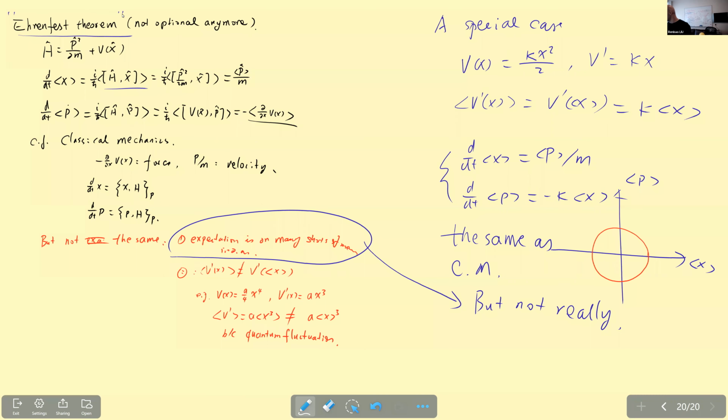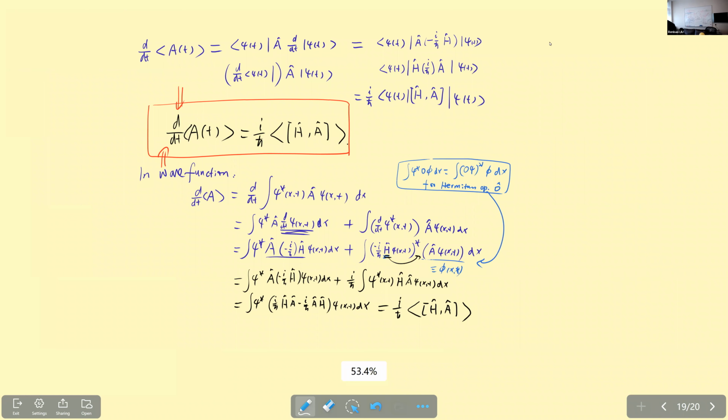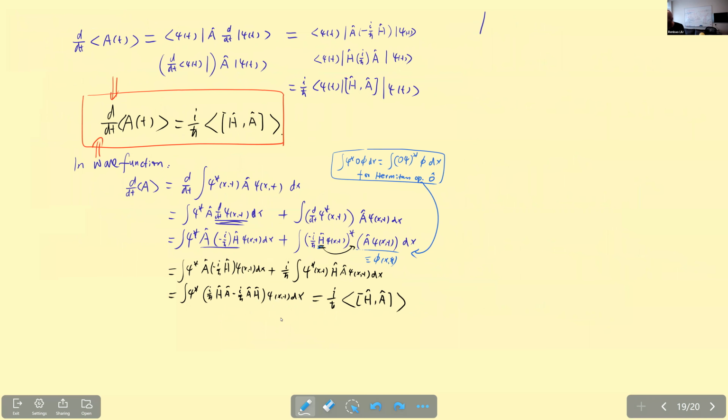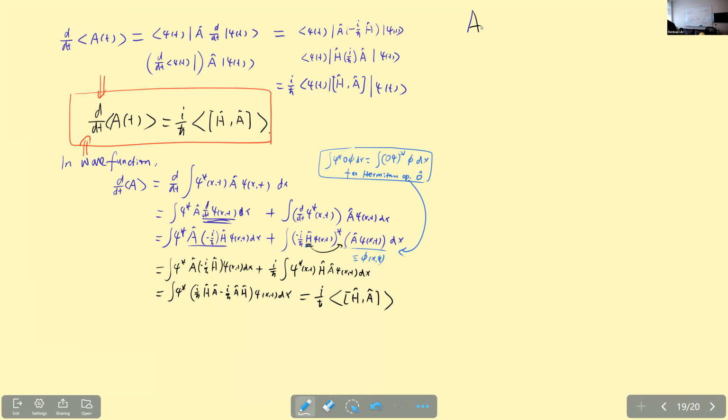This one also discloses a fundamental connection between quantum mechanics and classical mechanics.